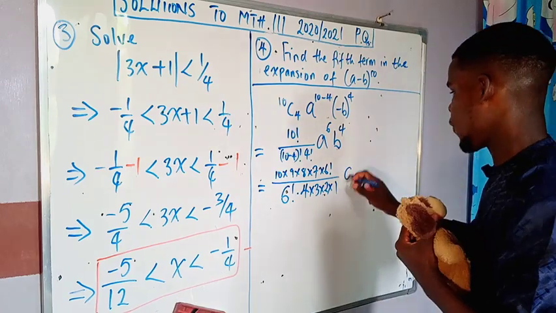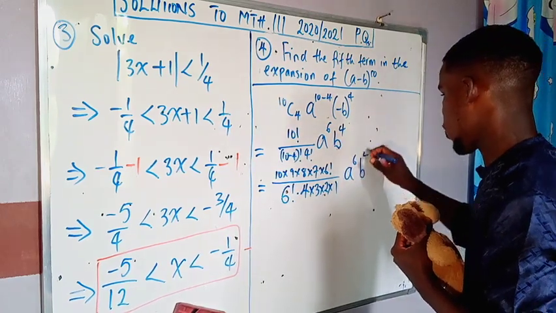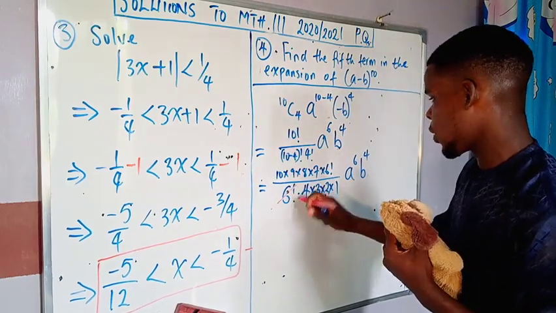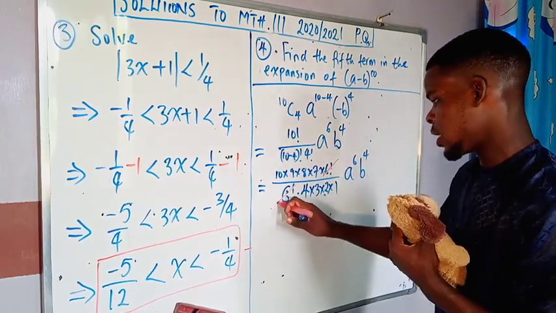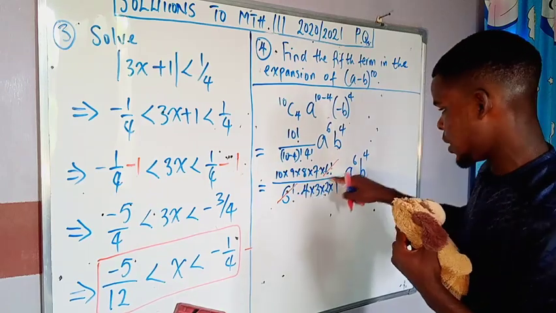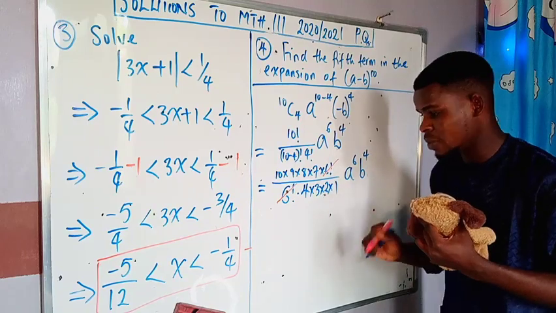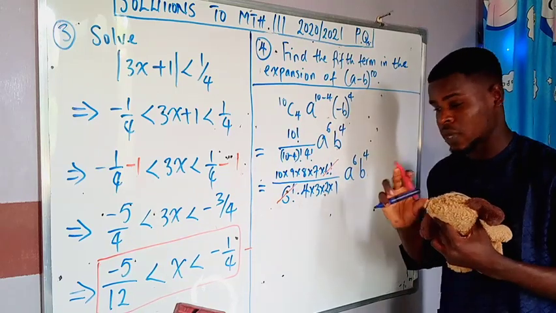All right, and then we have a raised to the power 6 times b raised to the power 4. So as you can see, some terms are going to cancel out nicely. This is 6 factorial, and of course, we have 6 factorial here. Take note, this is 6 factorial, and this is 6 factorial, not 6 factorial and 6, right? You don't cancel them like that. 6 factorial, you cancel.